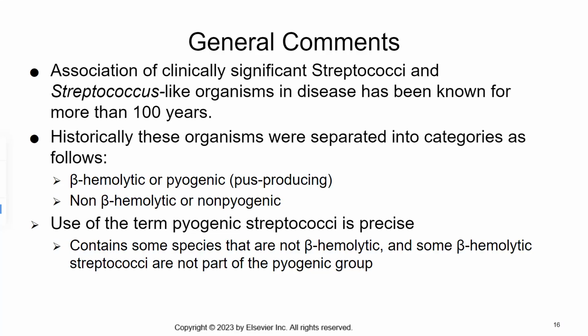Pyogenic refers to fever-inducing, or the ability to cause fever in a person. Use of the term pyogenic streptococci is imprecise. It contains some species that are not beta hemolytic and some that are beta hemolytic. And some beta hemolytic strep are not part of the pyogenic group.